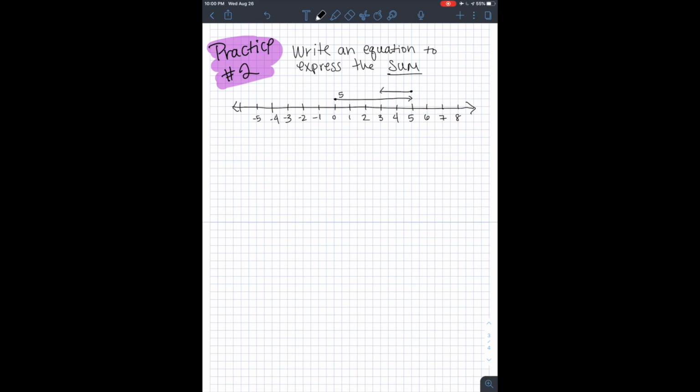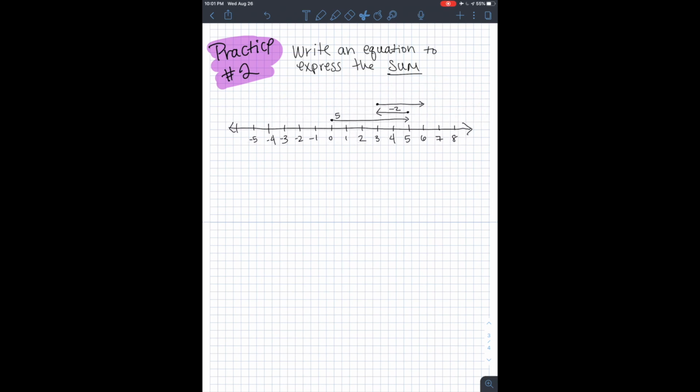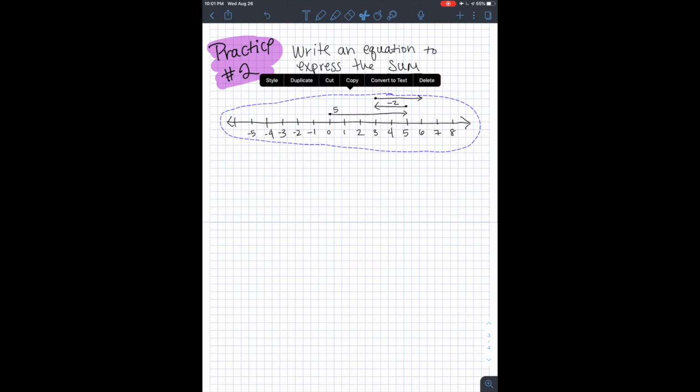We've got a line that's going to the right 5 spaces, then another line going back to the left 2 spaces, and then a line going to the right again 3 more spaces. So pause now, try and figure out what your equation is to express these lines on this number line.